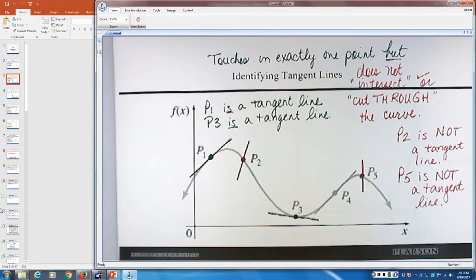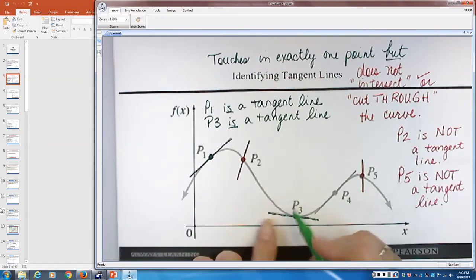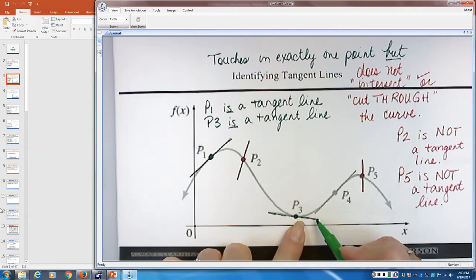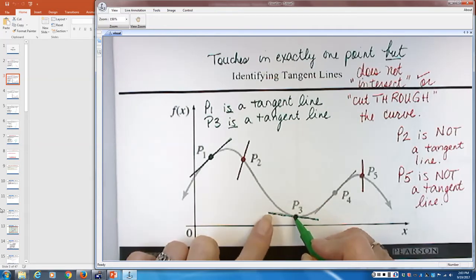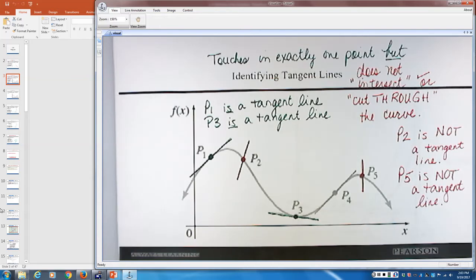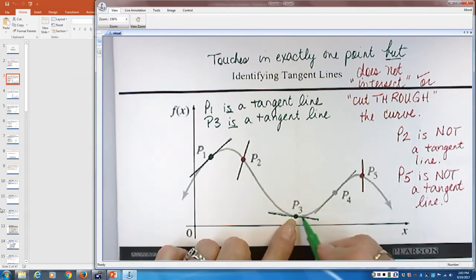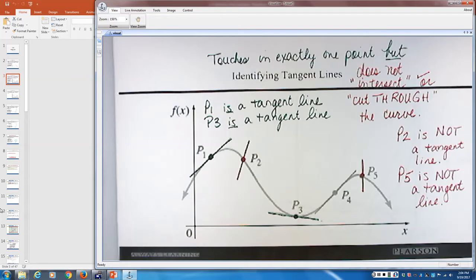And the key idea here is that it kind of gives you an indication of what direction the curve is turning at that point. Because if you look at P3, it has gone from being very, very negative, because its slope is negative, it's coming down pretty rapidly, to continuing to be negative for an instant, but then at some point past P2, it's actually going to go back to being positive.